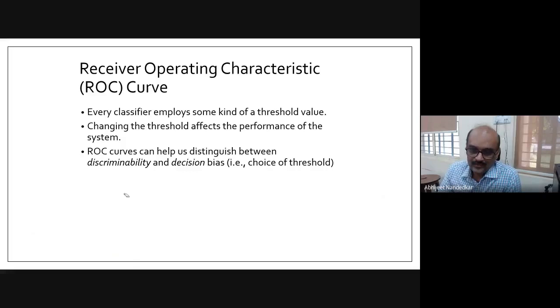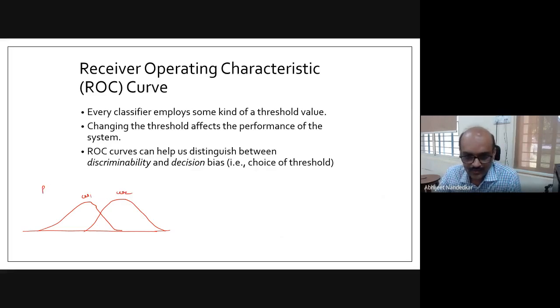So it means that if I take 1D case, this is a likelihood of omega 1, this is say for omega 2, and suppose I say priors are same, then I think Bayes decision threshold will come here.